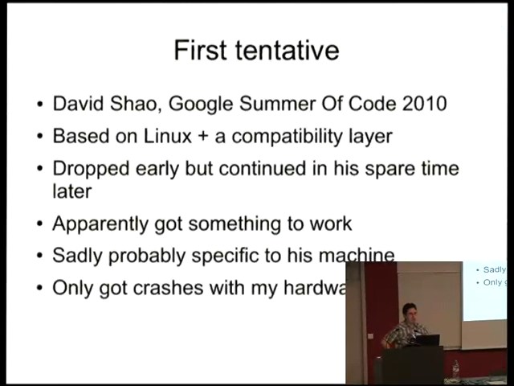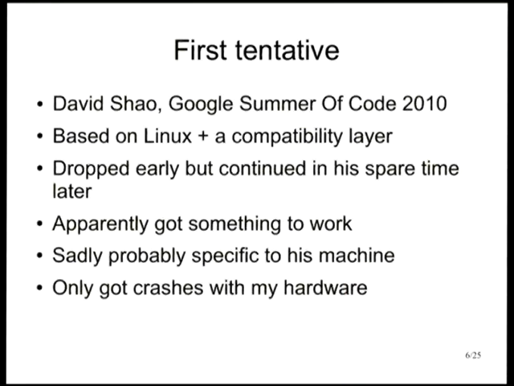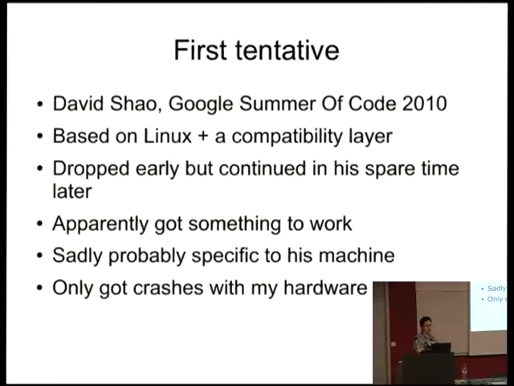So, speaking specifically about KMS and DRM, there was a first attempt in 2010, which was based on Linux code and a compatibility layer by a student called David Shaw. Unfortunately, he dropped out early and failed his Google Summer of Code, but he tried to continue in his spare time during the next few months.